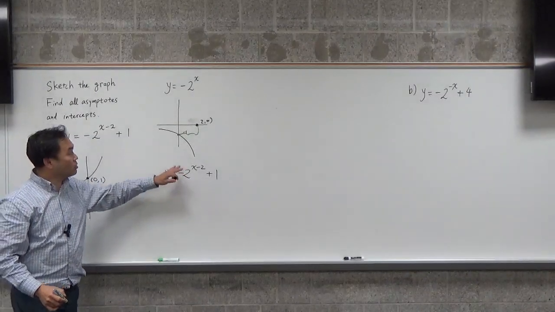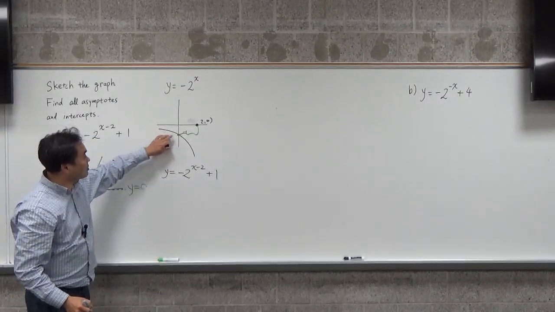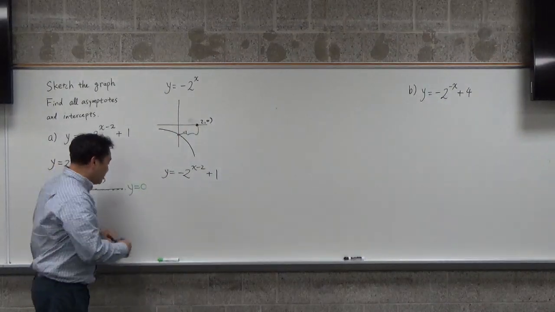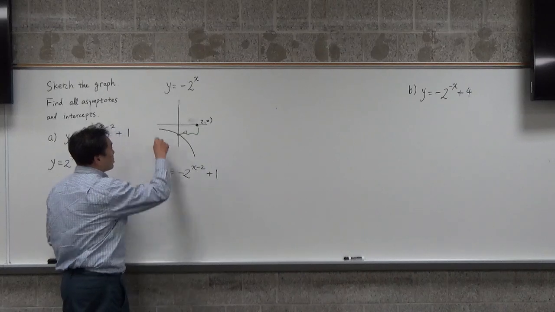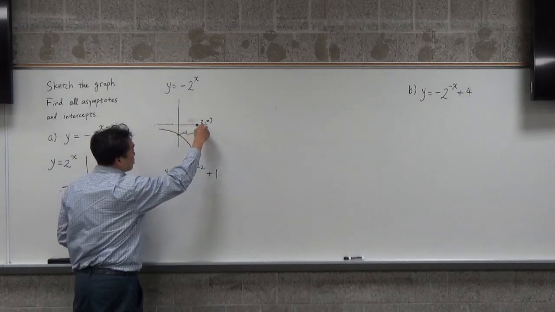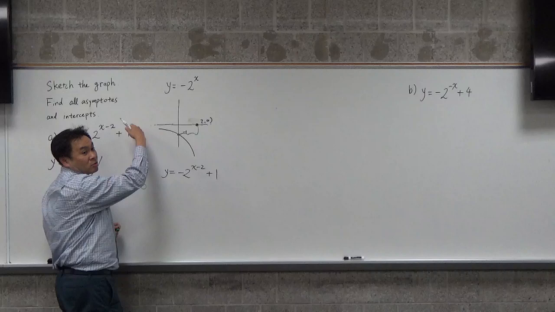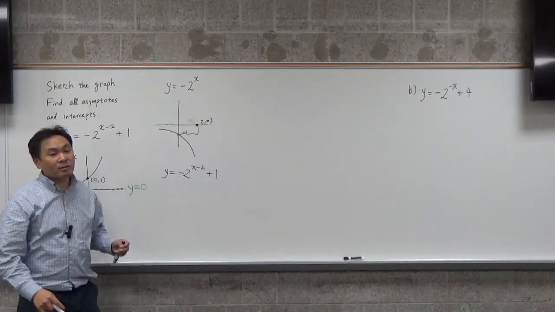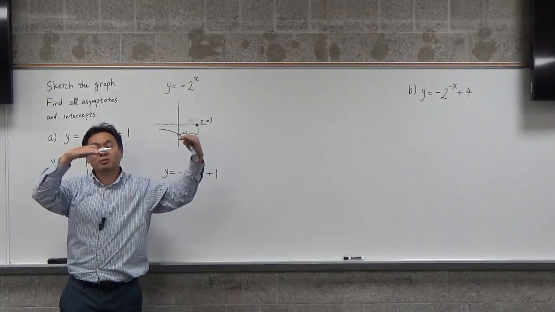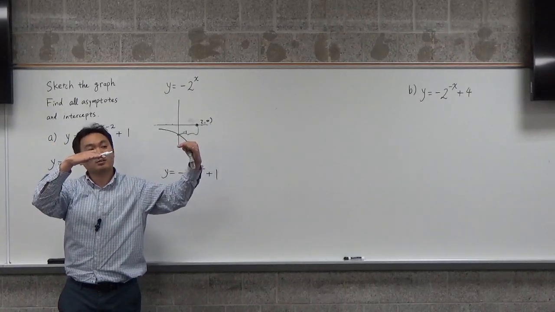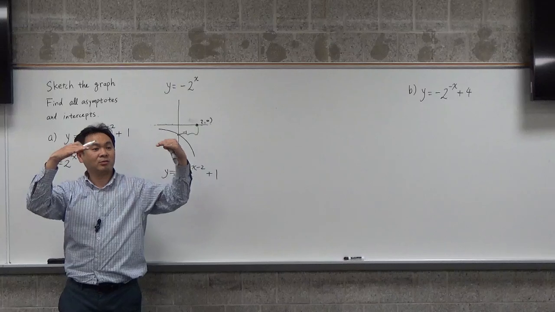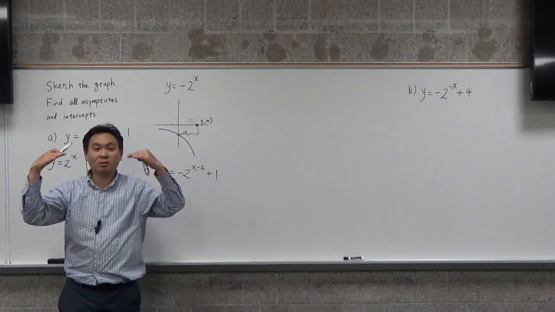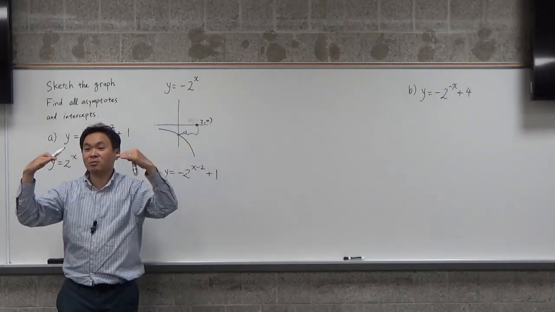So what you want to do is take this entire graph and move it over here. But there's another thing. There was this horizontal asymptote that this graph gets closer and closer to, right? That was y equals 0. Now, if you take the horizontal line and move it 2 steps right, what do you get? The same thing, because a horizontal line, if you move left or right, is still the same line.